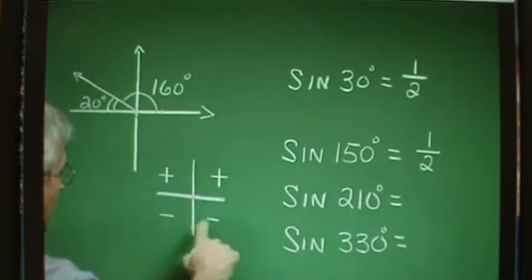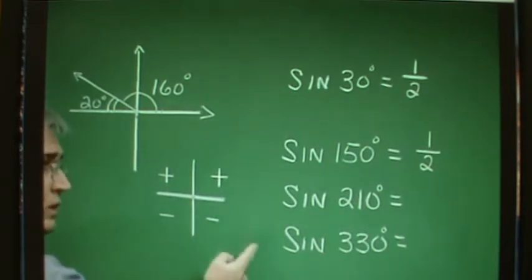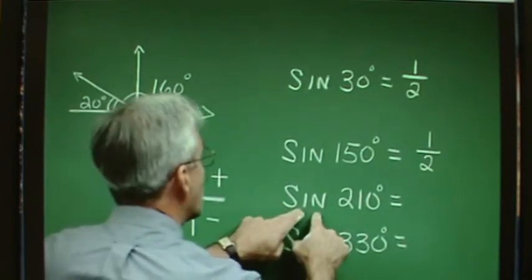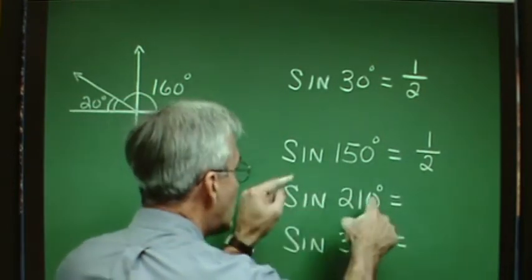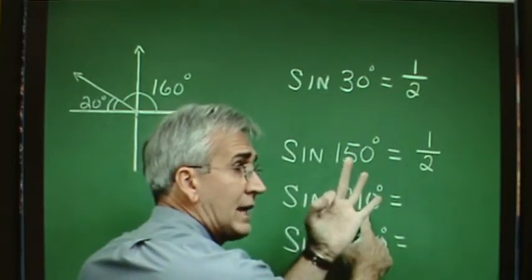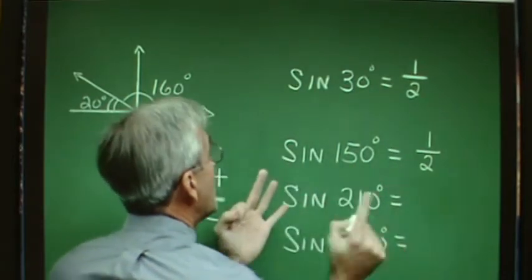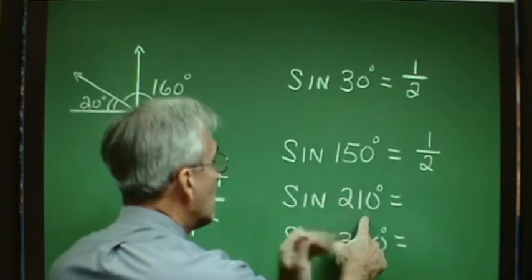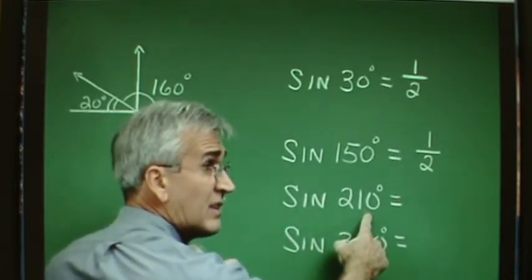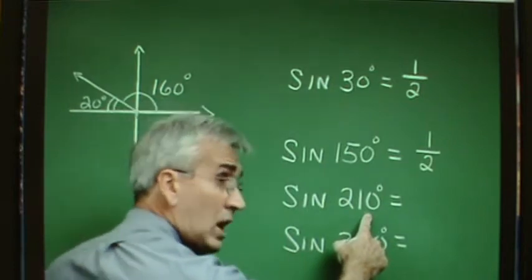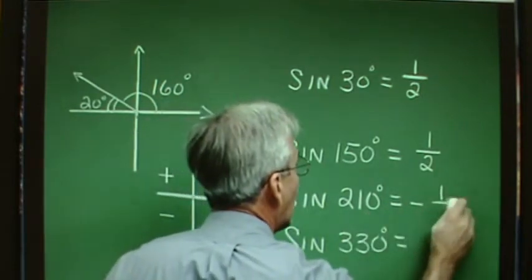Now, once we drop down here, the value is going to be negative. So when we talk about the sine of 210, the reference angle is 210 minus 180, that's 30. The sine of 30 degrees we know to be 1/2. But because this angle of 210 falls into the third quadrant, the sine is negative, so it's negative 1/2.